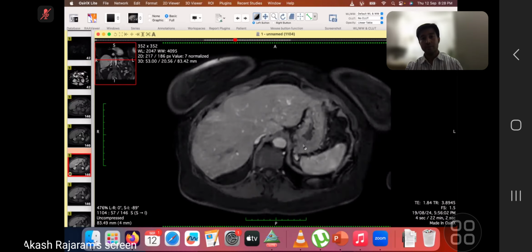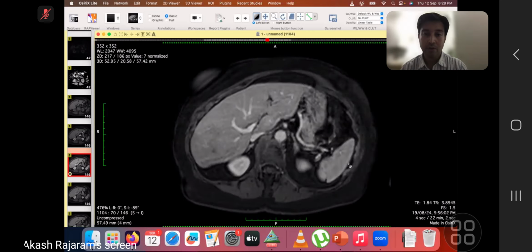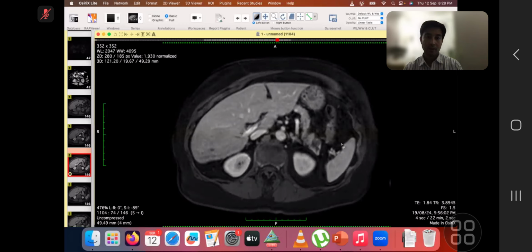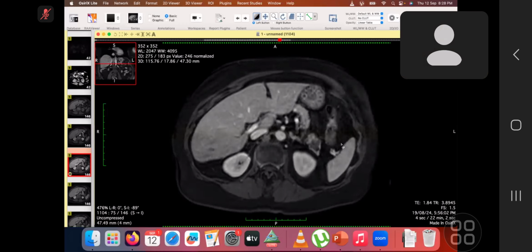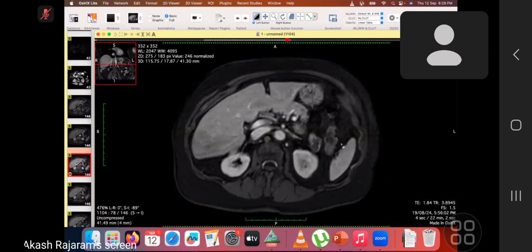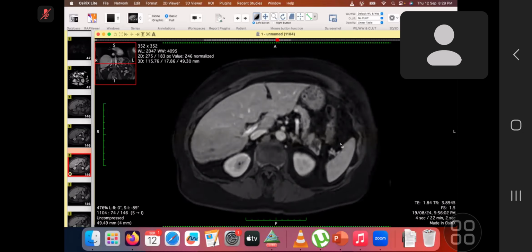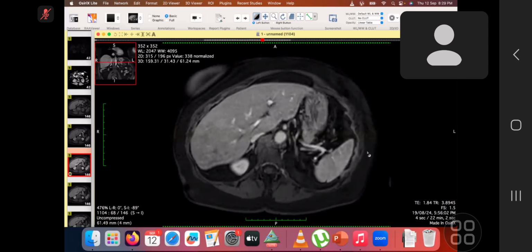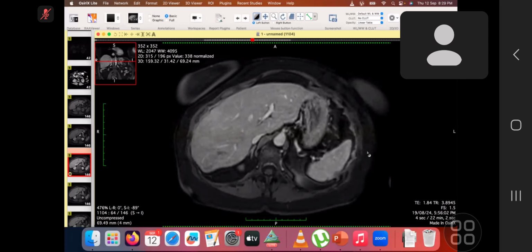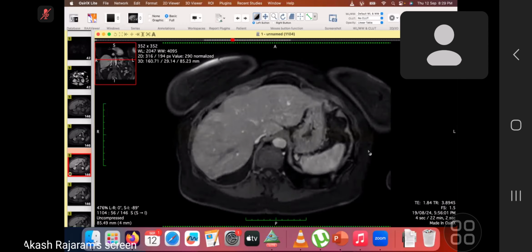Could you scroll? This is the post-contrast sequence, and I can see the mass shows peripheral enhancement and central non-enhancing, most likely cystic degeneration.